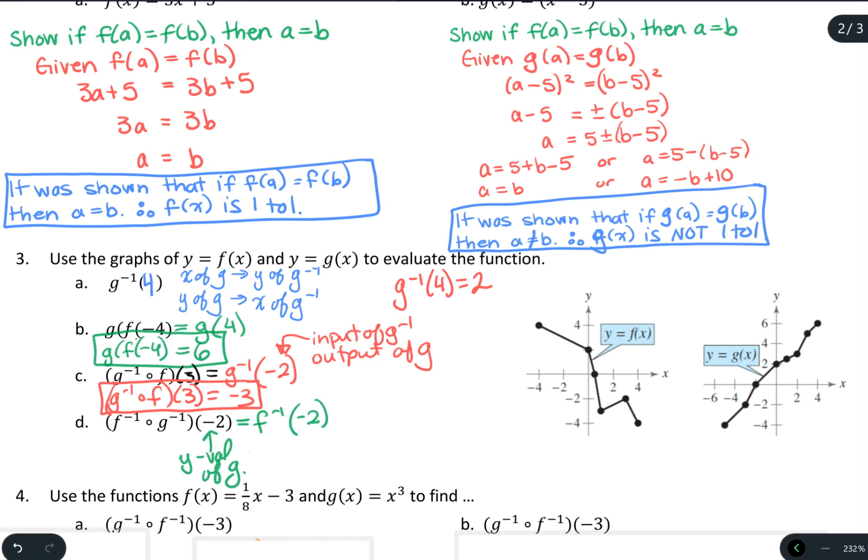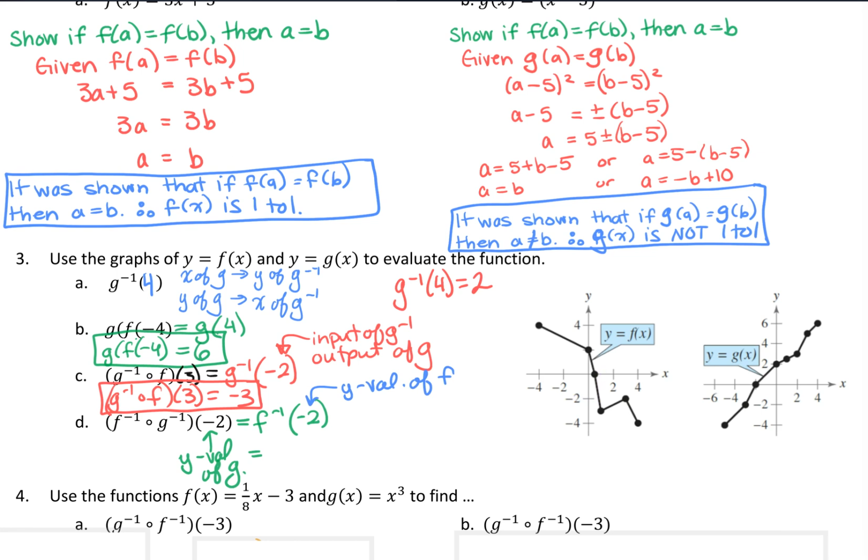So now I want f inverse of negative 2. So f inverse of negative 2, that means that this is the y value of f. So the y value of f is negative 2. The y value there of negative 2 looks like it's going to be an x value of positive 1.